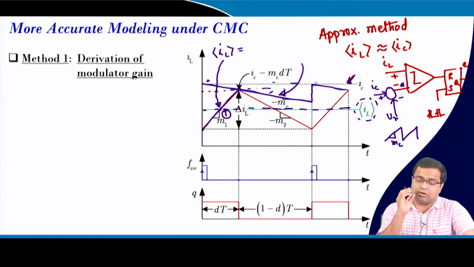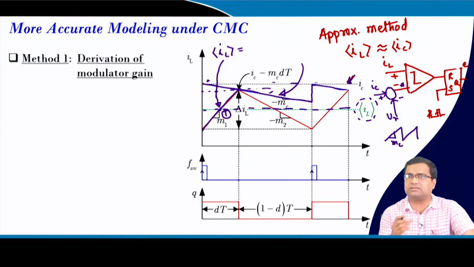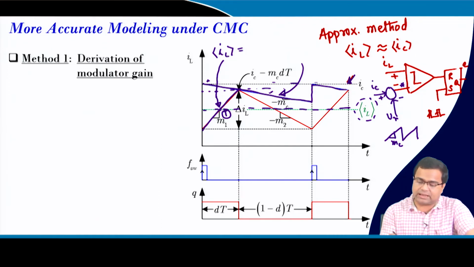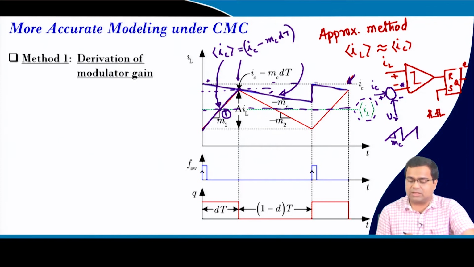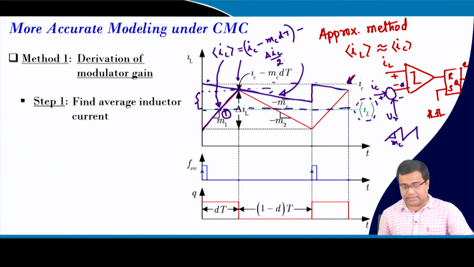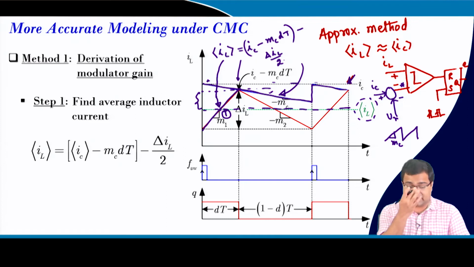So, I want to obtain the average current in terms of the reference current as well as the current ripple. This can be obtained as IC minus MC dt, which is the value here, minus half of the ripple, and this exactly gives the average inductor current.